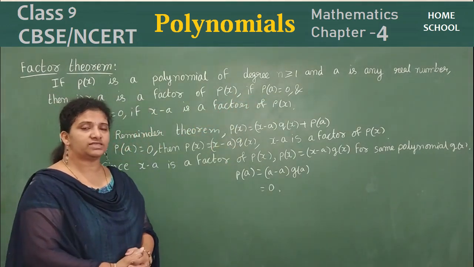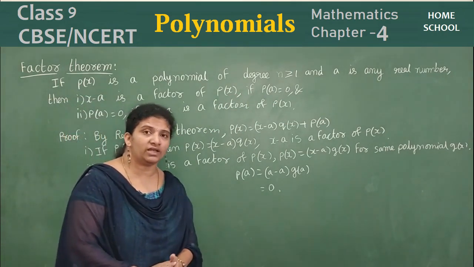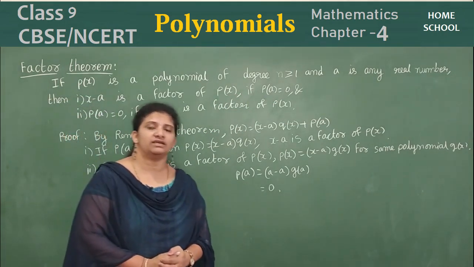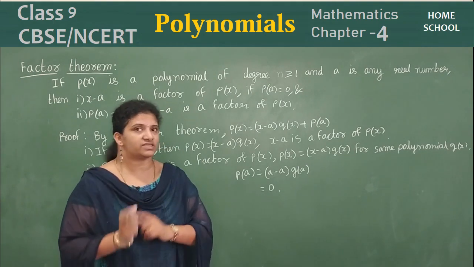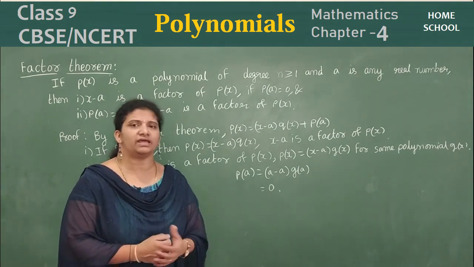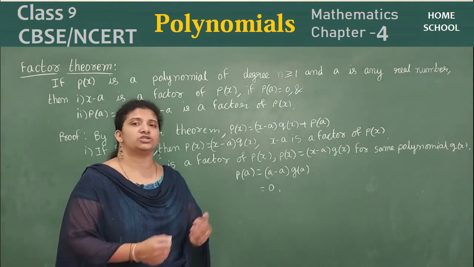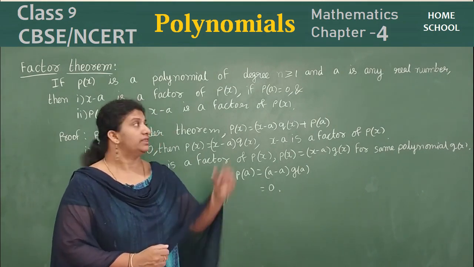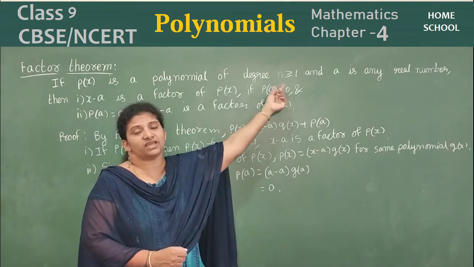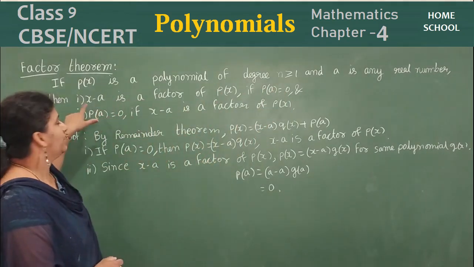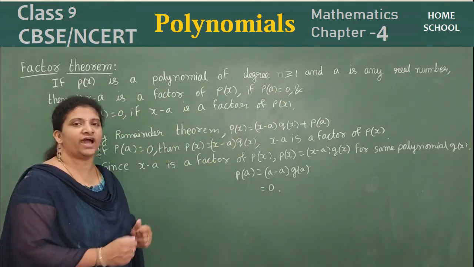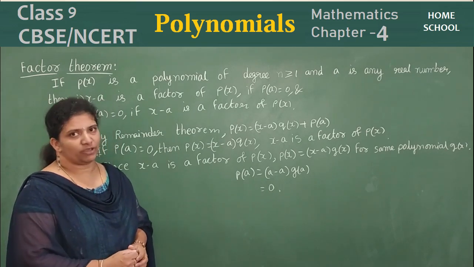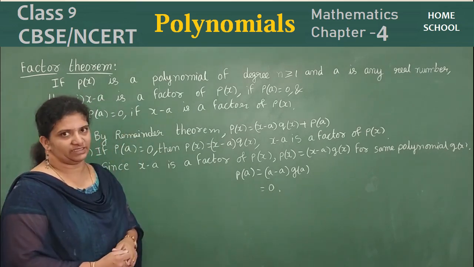So what you can say, children, in the remainder theorem we have seen, if p of x is a polynomial and let a be any real number, if you substitute a, you are going to get a remainder. Now that remainder, if it is 0, then x minus a is a factor of the polynomial p of x. That is your first condition.